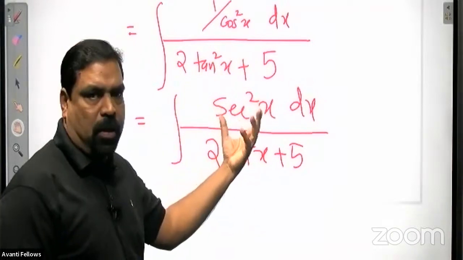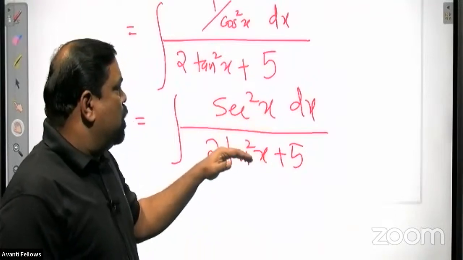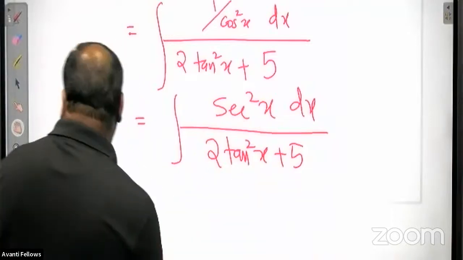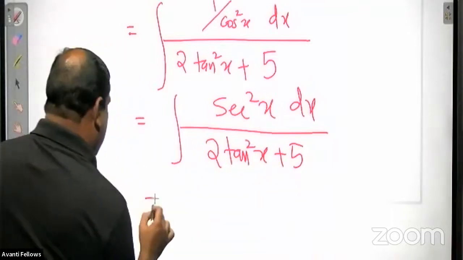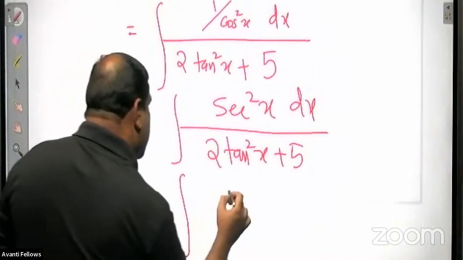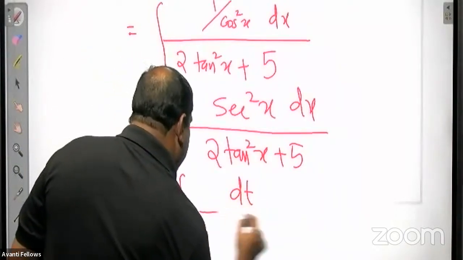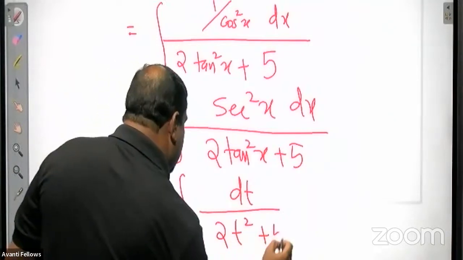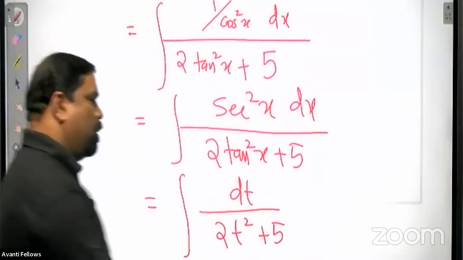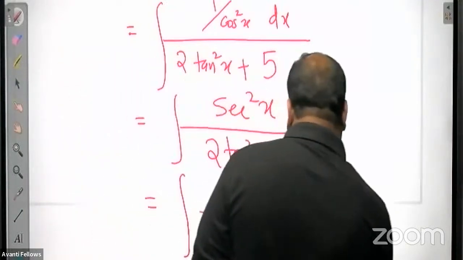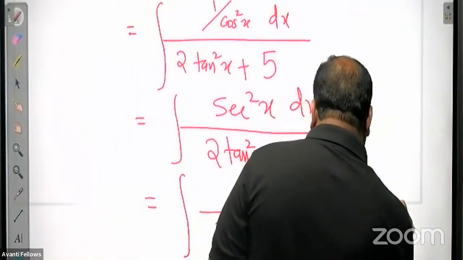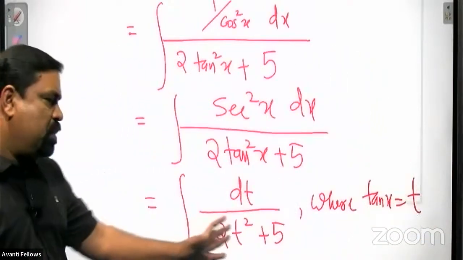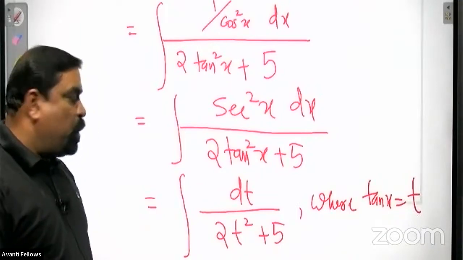So after substitution, this reduces to dt by 2t square plus 5.